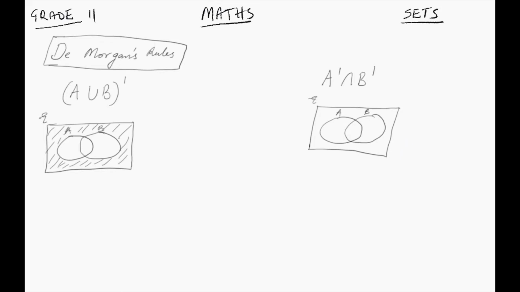Maybe you will use a scrap of paper. I don't know what you will do, but you can just go aside and say, okay, I'm going to shade these sets individually so that I look at the double shaded region.